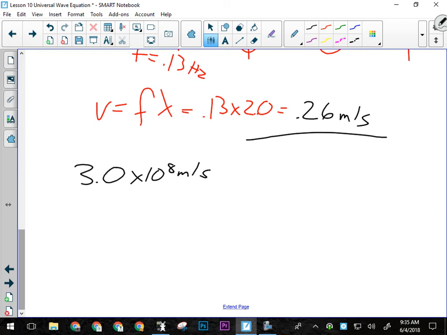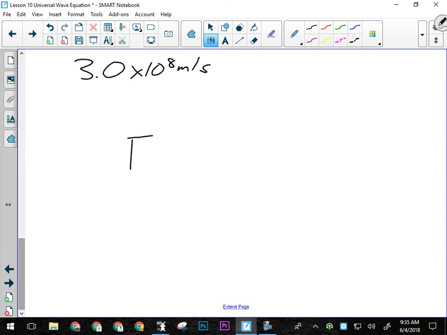The other thing it might do is it might say a sound wave is traveling through air and the air temperature is this many degrees Celsius. Well, we already said a few minutes ago that the properties of the medium can affect the speed of the wave. So I have to use the temperature of the air to calculate the speed of the waves. That formula is also on your formula sheet, but this is what it looks like. The speed of a wave is 332.